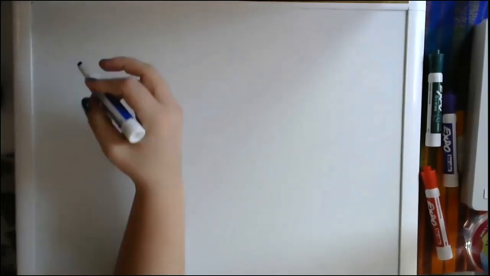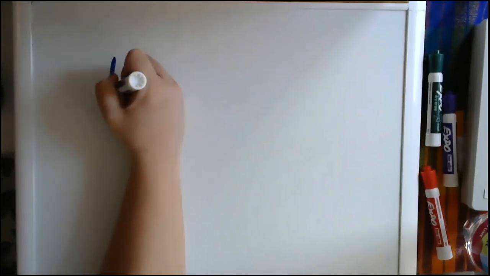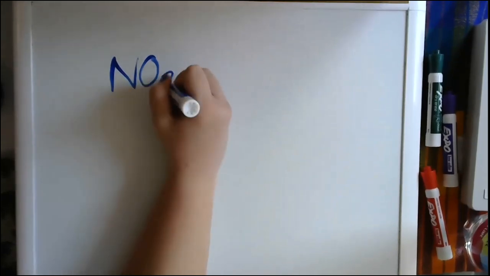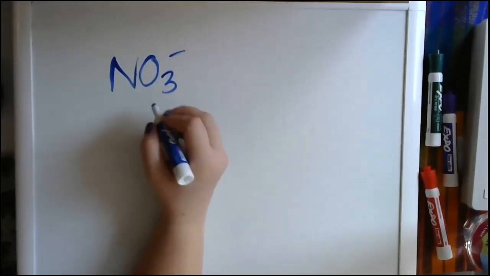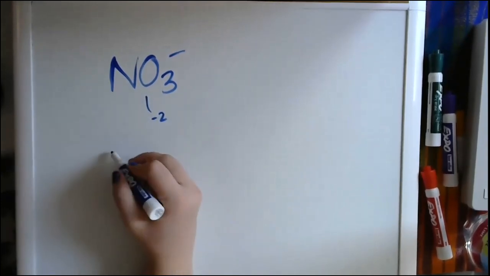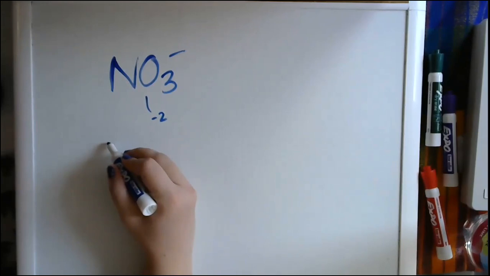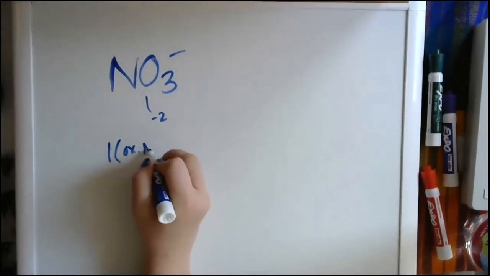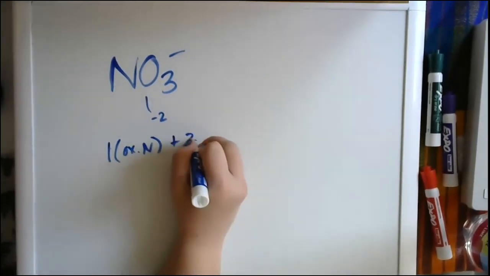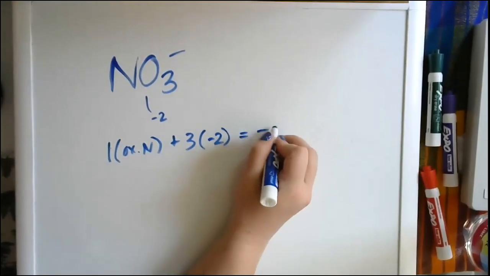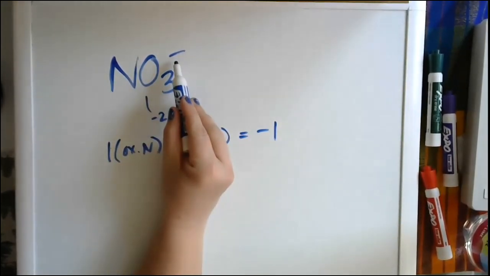All right, and our last example is the nitrate ion. We did the nitrite ion before, now we can look at the nitrate ion. Each oxygen again is -2. So 1 times the oxidation state of nitrogen plus 3 times the oxidation state of oxygen is going to equal -1 in this case, because that is the charge on our nitrate ion.